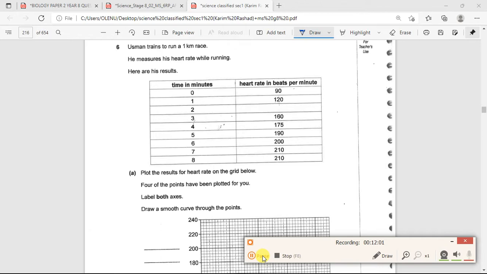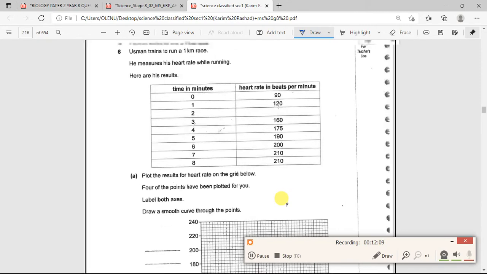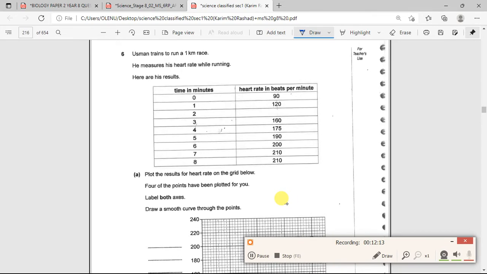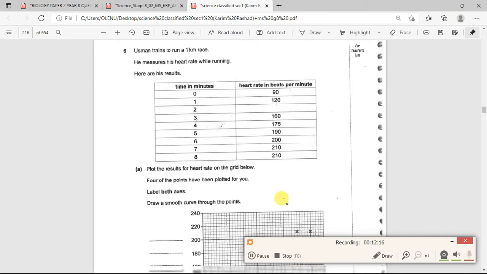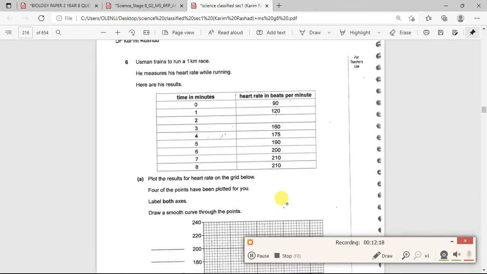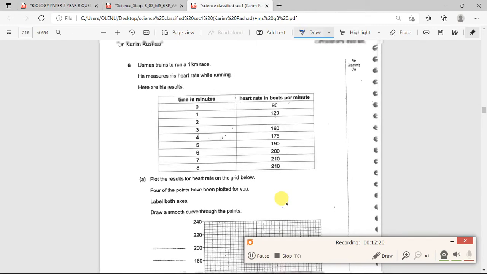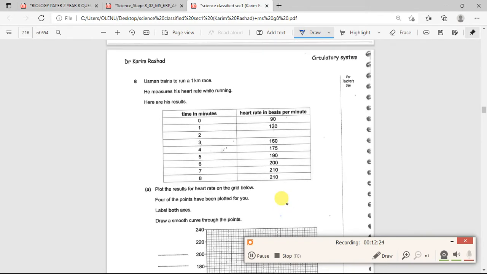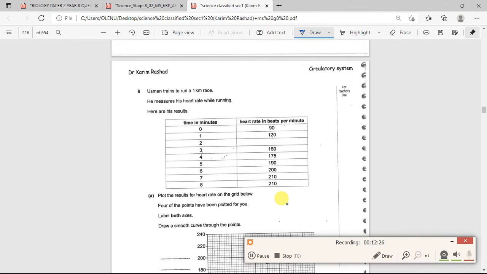So let's see. First, label both axes. Usually this is supposed to be the X axis and this is the Y axis.